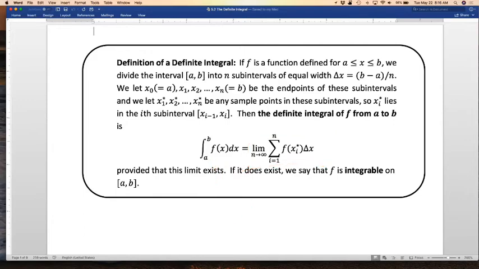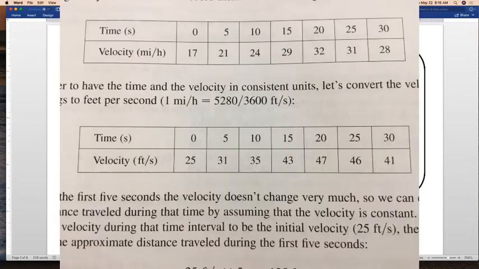Let's take it back. We had a table, velocity given every 5 seconds. And we found a displacement to a certain degree of accuracy. How could we make our estimate more accurate if we're driving that car? What would we have to do to make our estimate of the distance traveled more accurate?